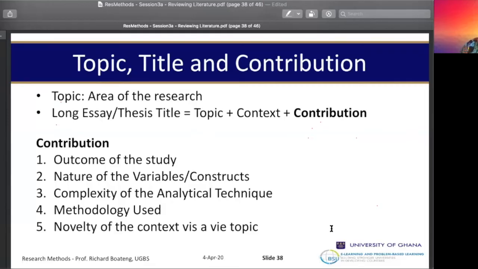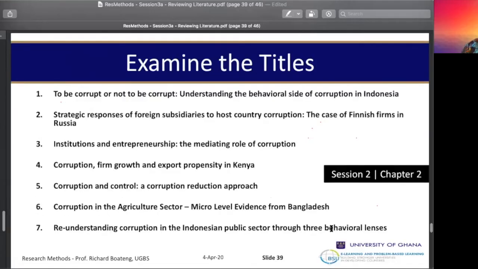So let's look at an example again. Contribution comes from outcome, nature, complexity, methodology, and novelty. What I also want to emphasize here is that the topic title, the long essay title, is topic plus context and contribution, and sometimes plus the population. So let's take it one by one and use our formula to analyze it.